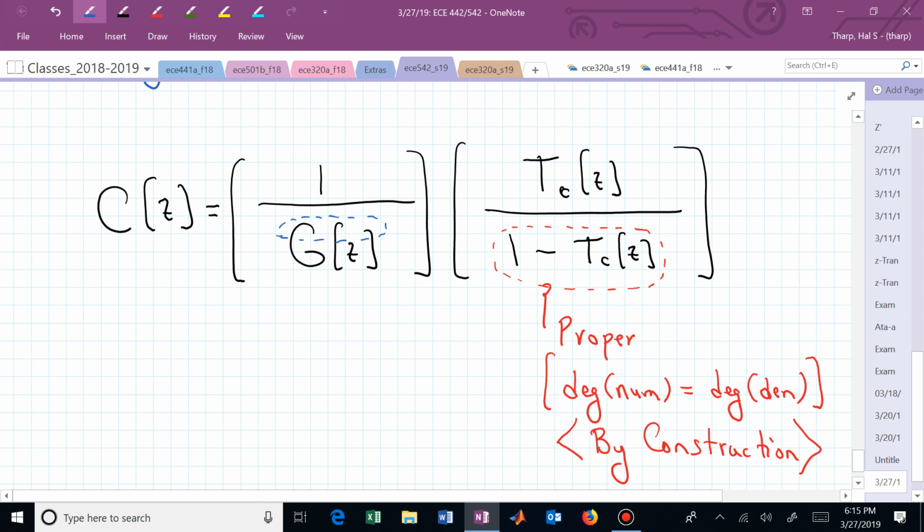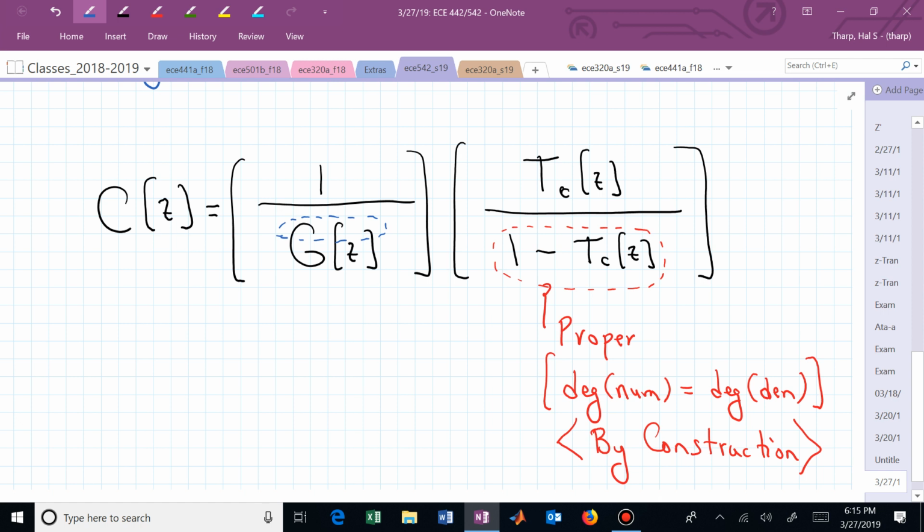So I'm cutting G of Z into 2 parts. I'm putting a numerator part and a denominator part, and I've now circled the numerator expression in G of Z. What do I want? I do not want my controller to possess poles that would cancel unstable zeros.